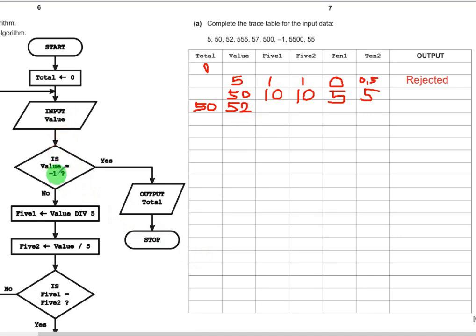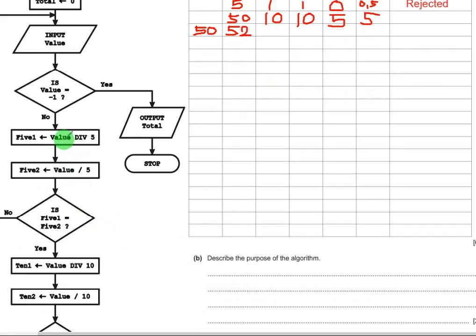Is 52 negative 1? No. When it's not, then 52 div 5. 52 divided by 5, it's 10, and there's no decimal, so it's 10. The next one is this one.